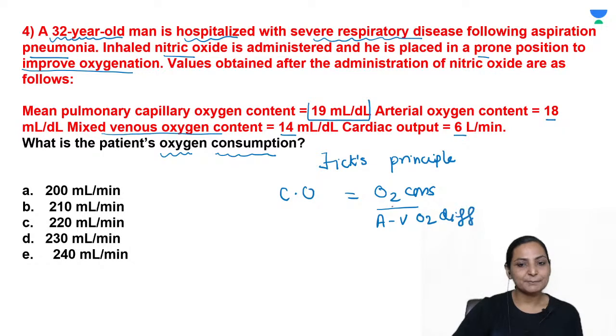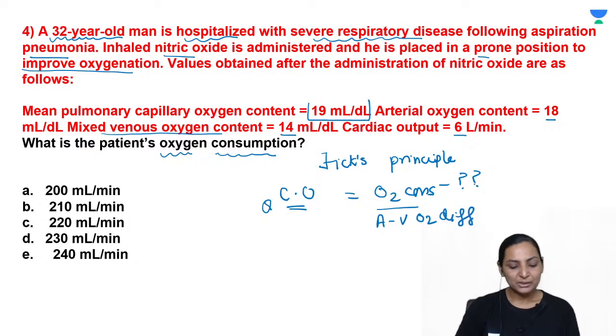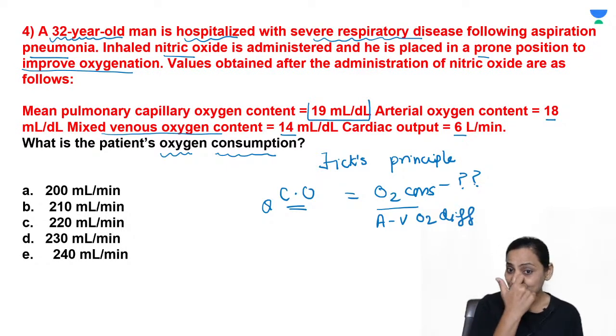Normally we are supposed to calculate the cardiac output, but here the question is tilted. You are given cardiac output, and arterial and venous values, but you are supposed to calculate the oxygen consumption. So it is the same formula, but you can get it in a different way. The idea is that the concepts should be clean.